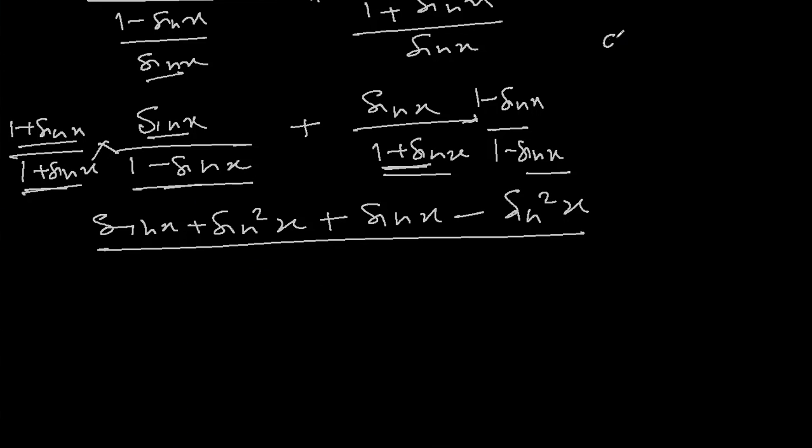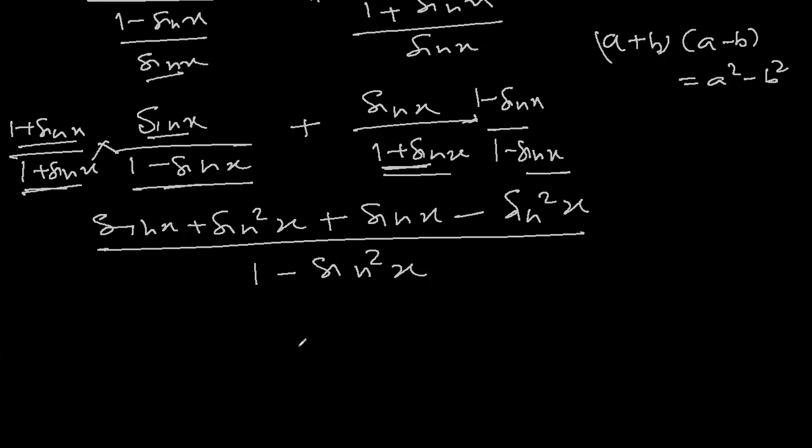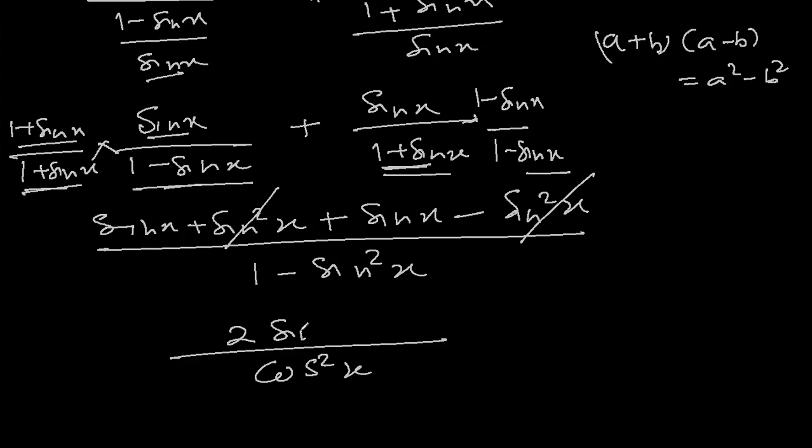The same identity we used earlier, a plus b, a minus b, will be a square minus b square. So it will be 1 minus sine square x, and we know 1 minus sine square x is cos square x. Sine square x and minus sine square x cancel out. We are left with 2 sine x.